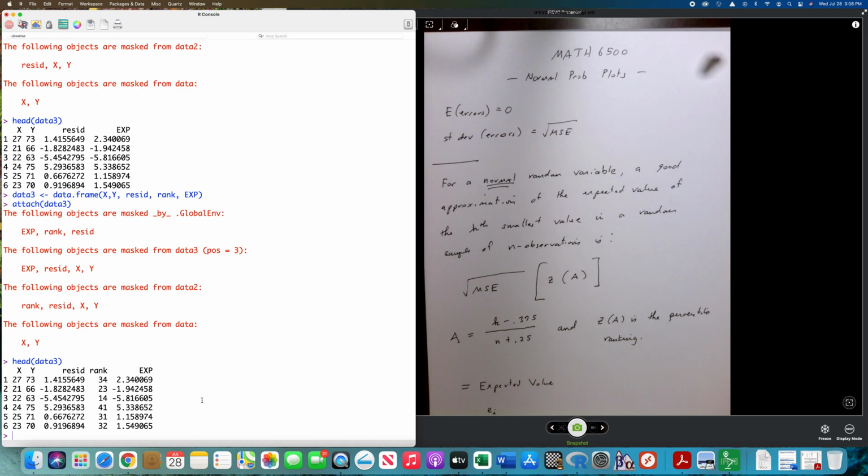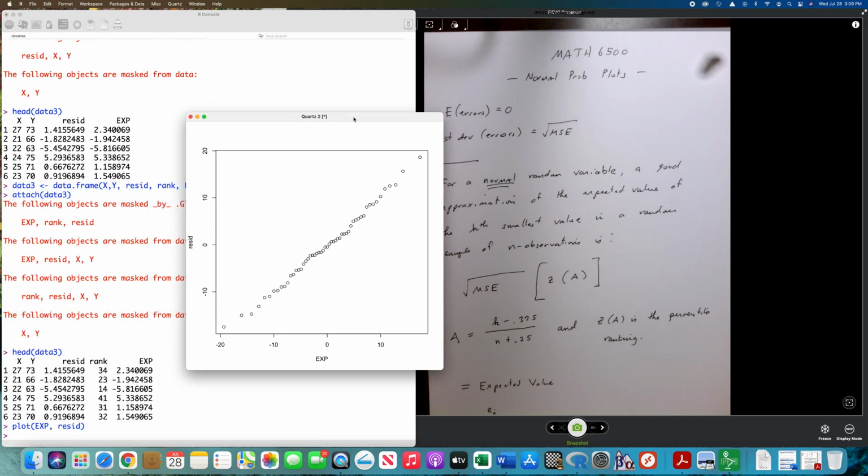Okay. So now if I want to create a QQ plot, I can look at the theoretical and the residuals.